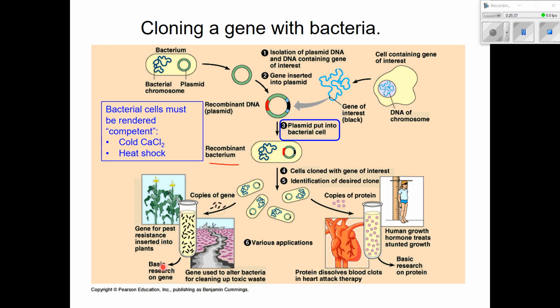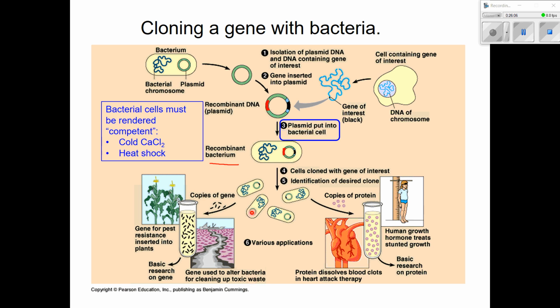And then I can do research on that gene. I can introduce that gene into plants, maybe a gene that will make my corn resistant to bugs, or a gene I can put into soybean plants to make them more nutritious, or maybe a gene that I can introduce into other bacteria to alter them so that they can be used to clean up toxic waste.